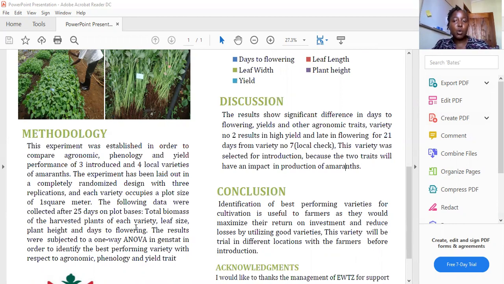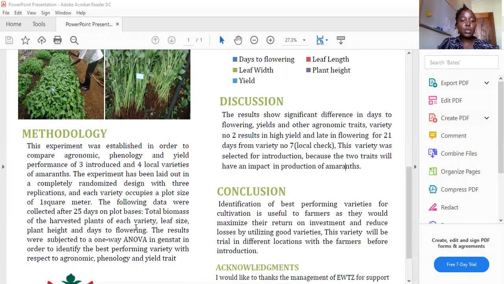So we arranged all of these entries randomly in 3 replications, and we collected the yield and other agronomic factors at 25 days, because that is the maximum for a normal farmer to keep his field before he takes it to the market.